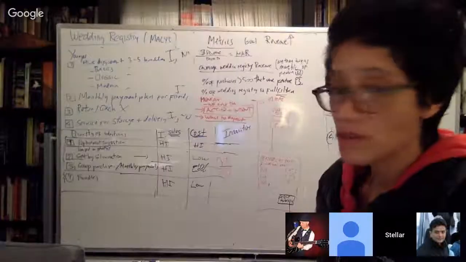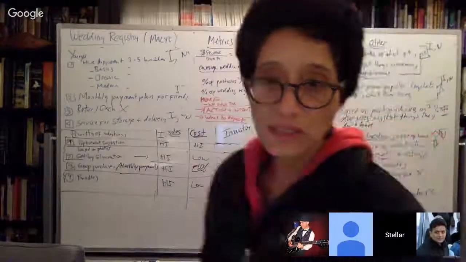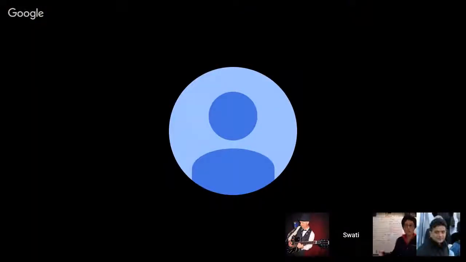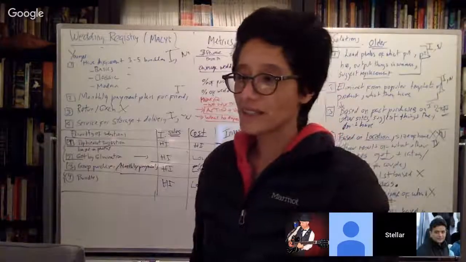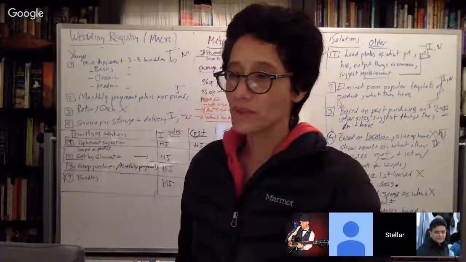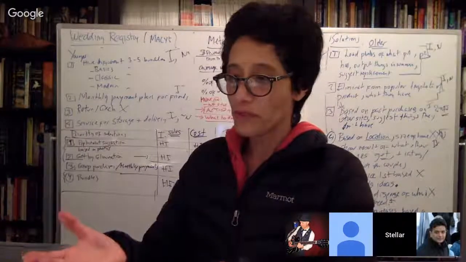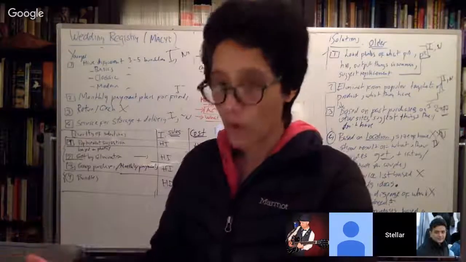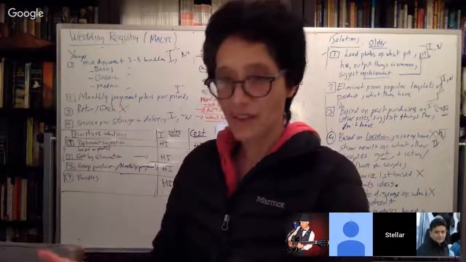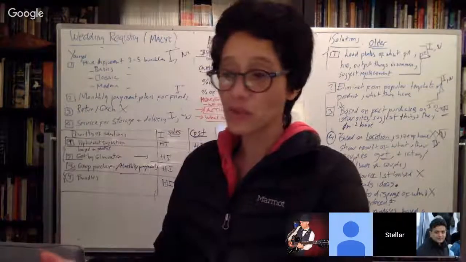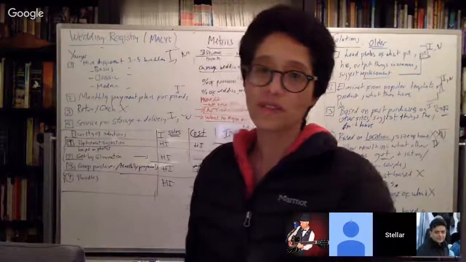Exactly. You say, I've seen this already at Crate and Barrel. It's really useful, but if everything else is equal, and I have other features that are equal, I'd rather choose the one that's going to differentiate us. Okay.